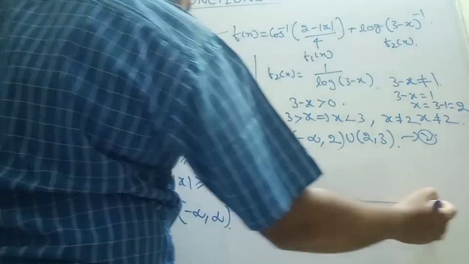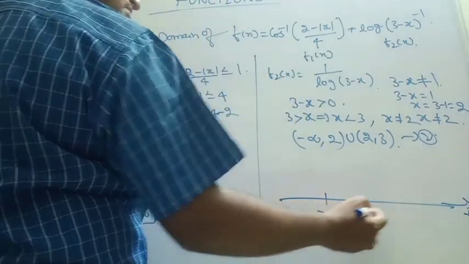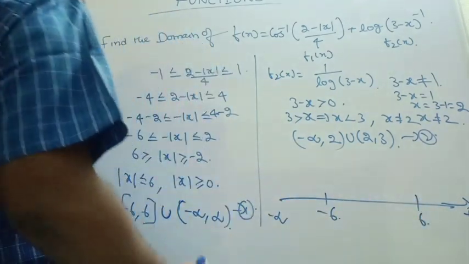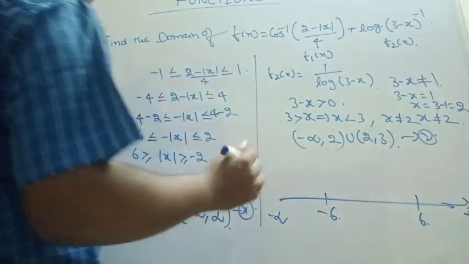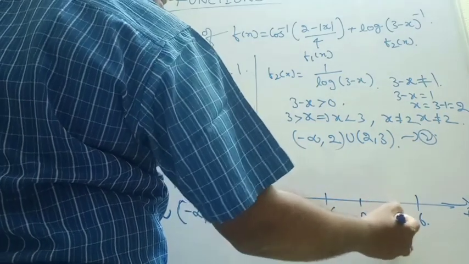Minus infinity to plus infinity we have here, and minus 6 to 6 here. Minus 6 to 6 lies within minus infinity to plus infinity, that's of course true. And we have here 2, and we have here 3.